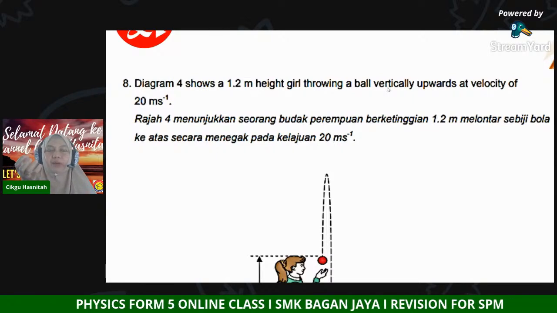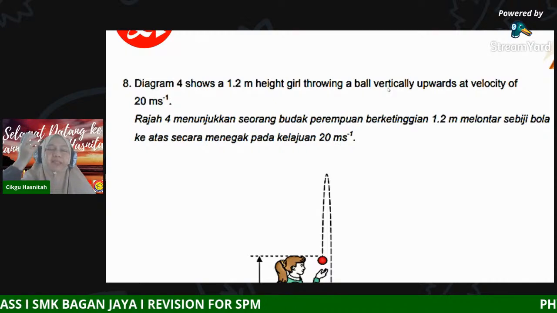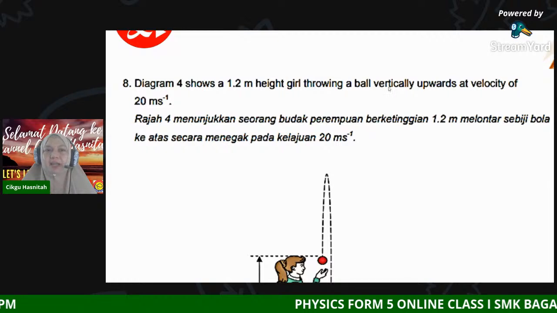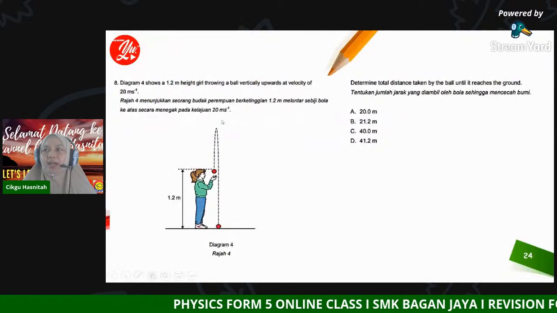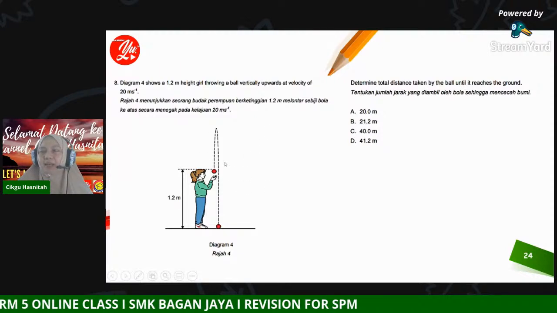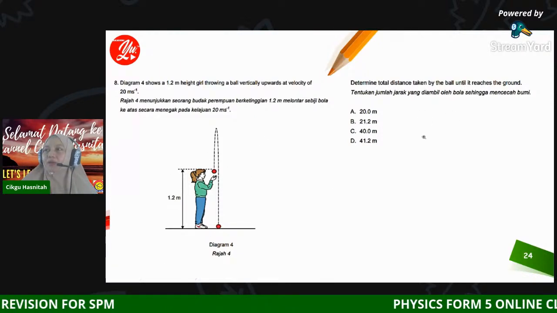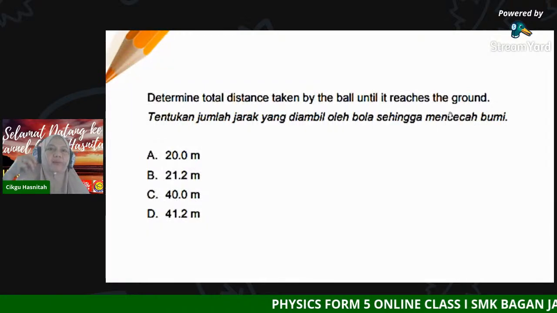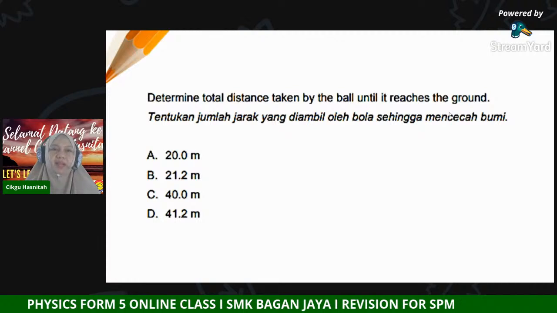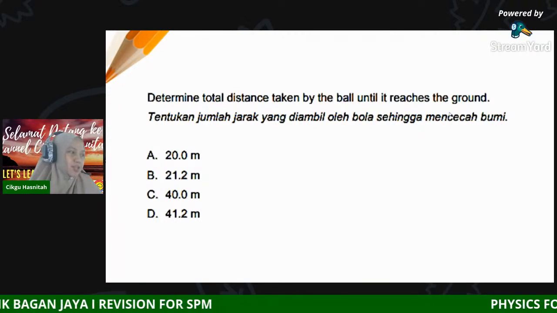So you have a ball in your hand, you throw this ball upward with a velocity of 20 meter per second, and you start throwing it at a height of 1.2 meter from the ground, as shown in this diagram. So the question is, determine the total distance taken by the ball until it reached the ground.